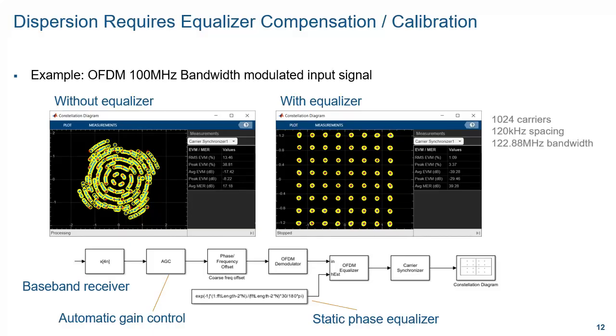On the left-hand side, you see the result of the received constellation without an equalizer. The constellation is distorted due to the dispersive effect introduced by our 8-element transmitter. If in our baseband receiver we include an automatic gain control and a static phase equalizer, we can, on the contrary, recover the constellation quite clearly.